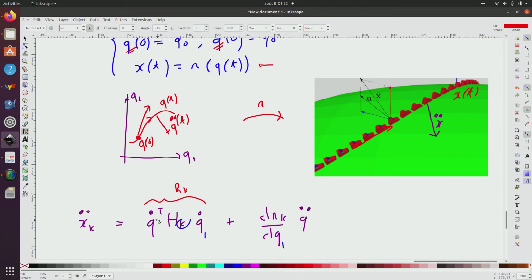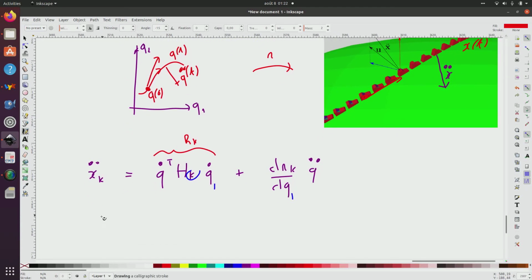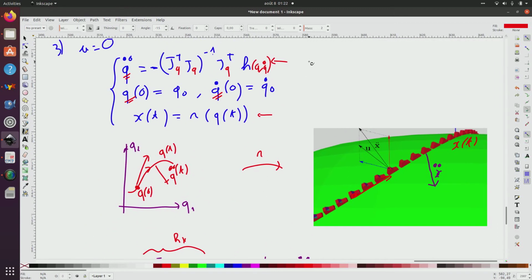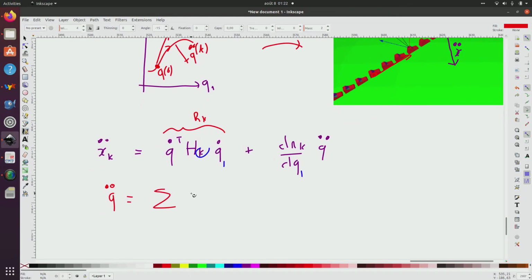We can see that here I have q dot and a double product for q dot, and if I take this equation, I can see that q dot dot is equal as a function. So here, of course, I take this equation. Okay. And I take the kth component.